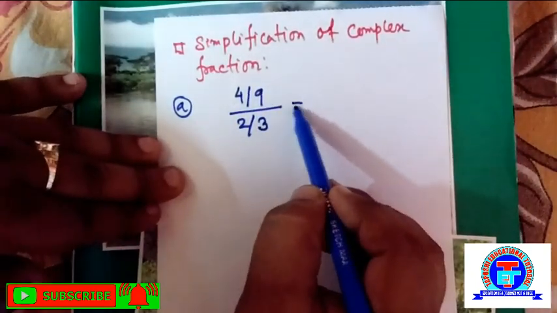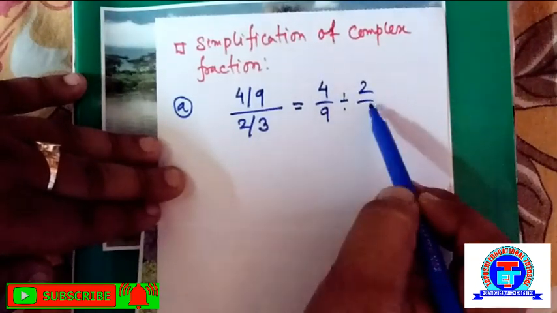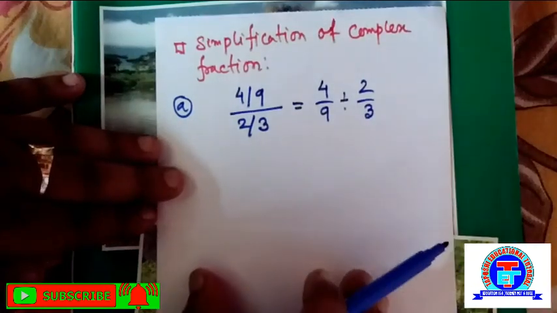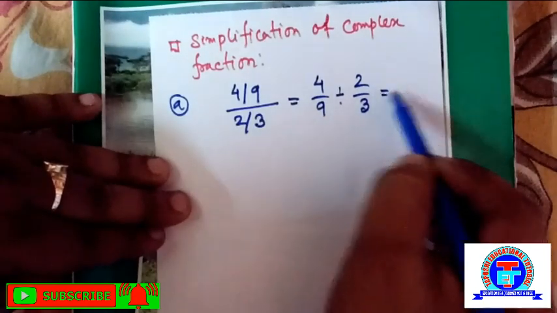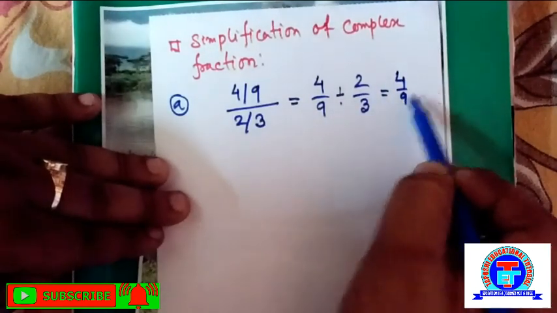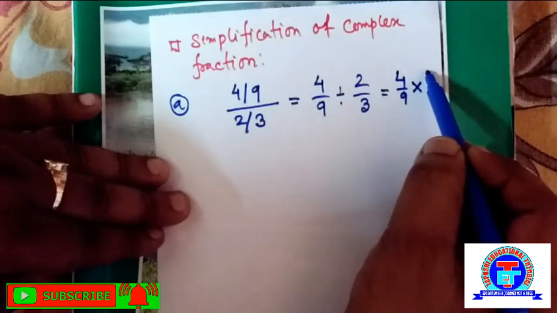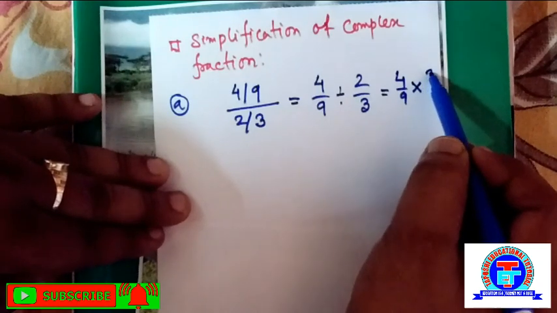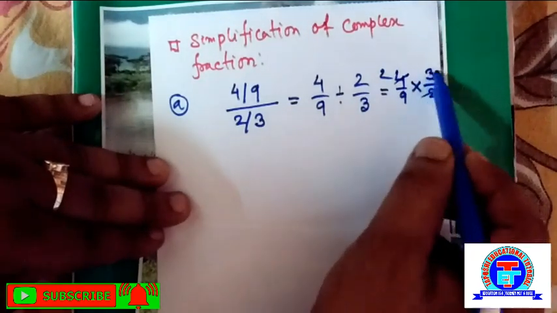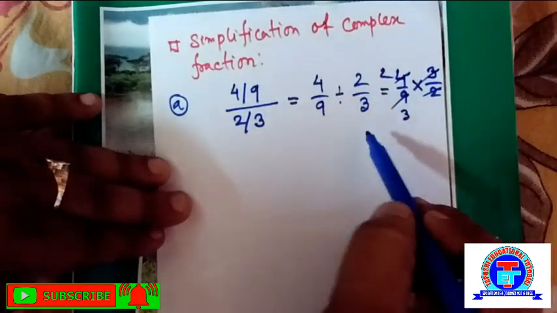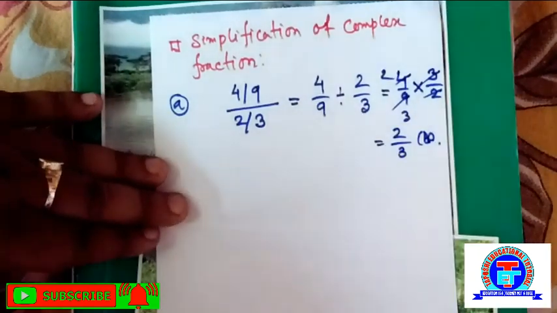Now we represent this fraction like this way, 4 by 9 divided 2 by 3. So we already learned how to solve the division of fraction. So here we solve this fraction 4 by 9, the division convert into the multiplication, and it will change their position, the numerator and denominator of the second fraction, right this way. Now this one cut and this one cut, so it will become 2 by 3. This is the answer, right student?